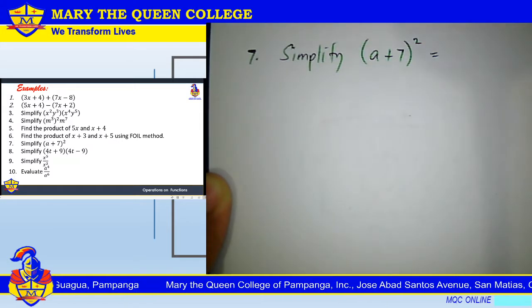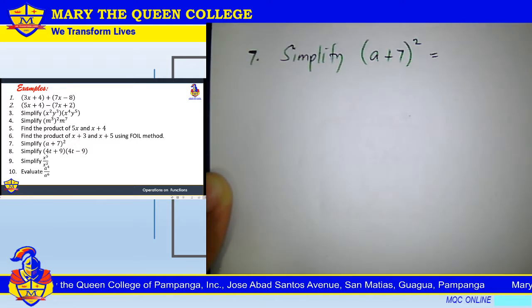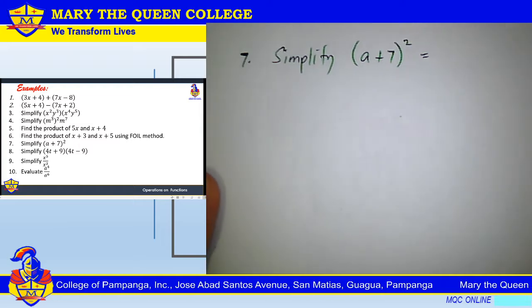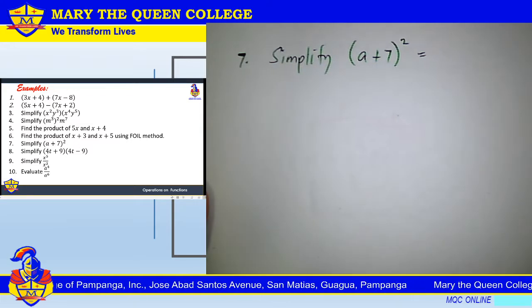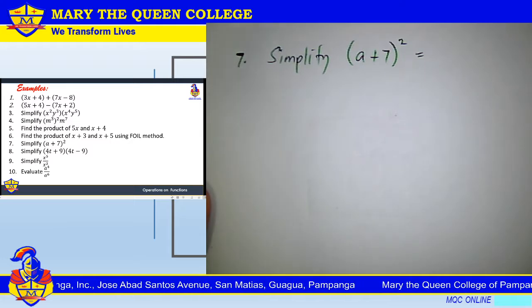So, a plus 7 squared, what do you think we will do here? What kind of rule will we use? We have a plus 7 squared. Very good. We can now apply the special products. This one is an example of the square of a binomial.